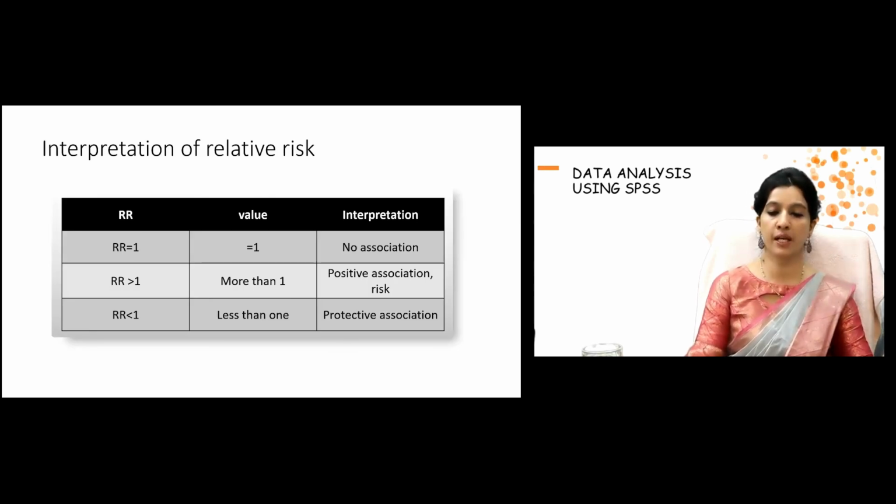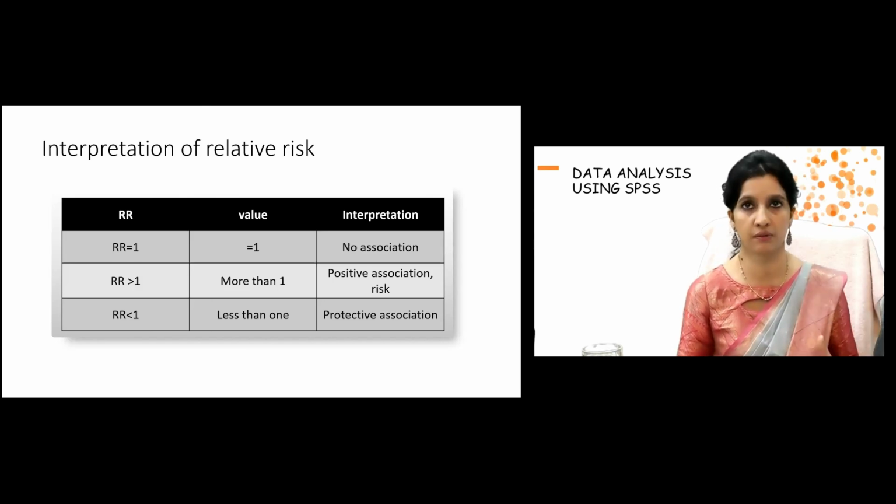So in the interpretation, if the relative risk value is 1, that means there is no association. If the value of relative risk is more than 1, that is a positive association, meaning that the exposure is a risk factor. And if the value of relative risk is less than 1, then that particular exposure is a protective factor. The similar interpretation holds true for the odds ratio also.